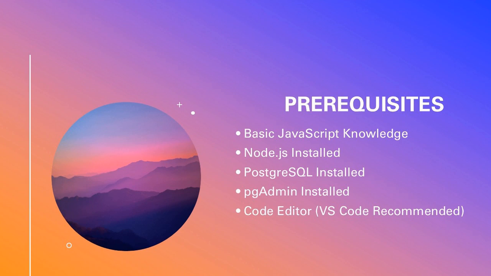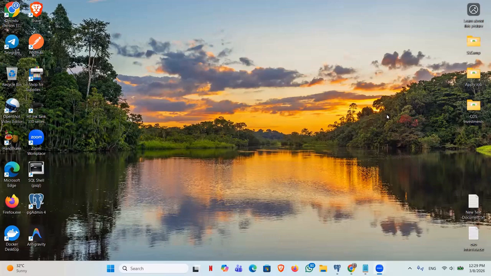First, you need to have basic JavaScript knowledge, and secondly, you have to install Node.js, PostgreSQL, and pgAdmin, and you need to install a code editor on your PC. I prefer VS Code, and in this tutorial series I am using VS Code. Okay, let's start our development.